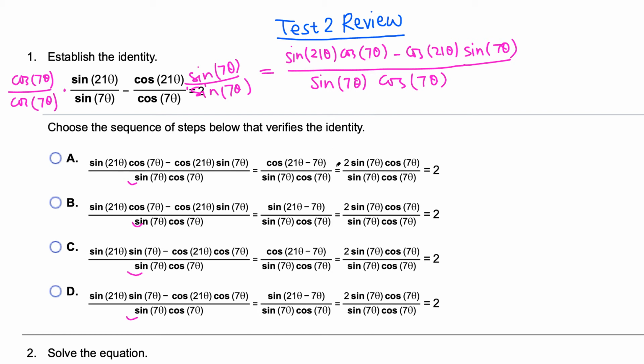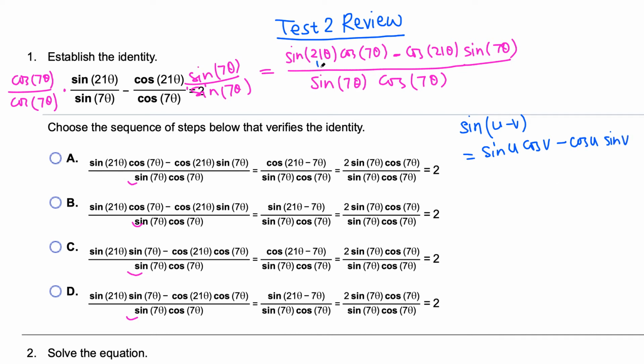Okay, and the top, when we combine, comes from a formula: sine cosine minus cosine sine. That is just what is sine of u minus v? Sine of u minus v is in fact sine u cosine v minus cosine u sine v, and we have exactly this form on the top.